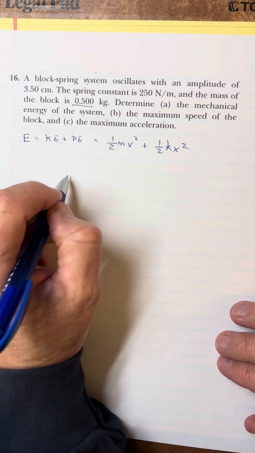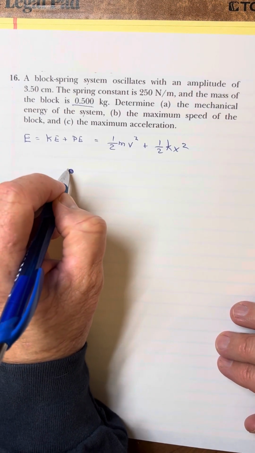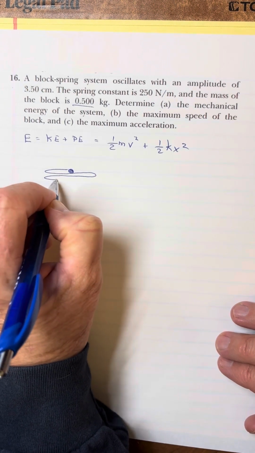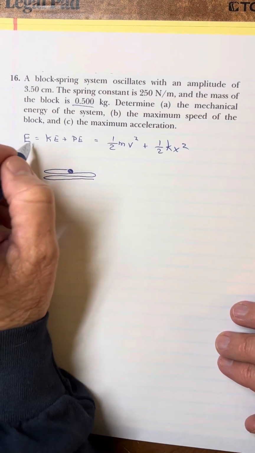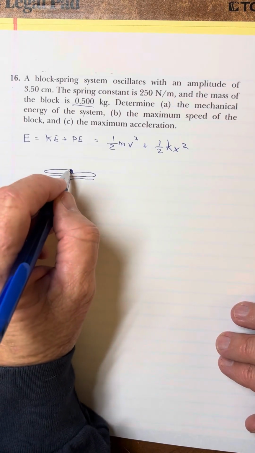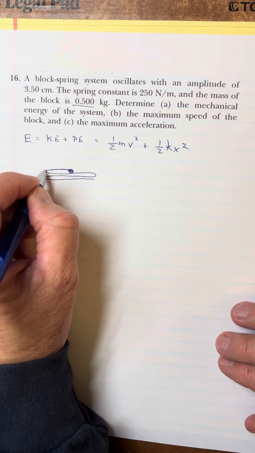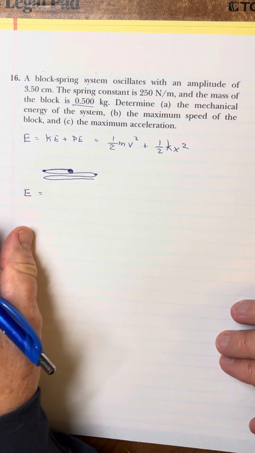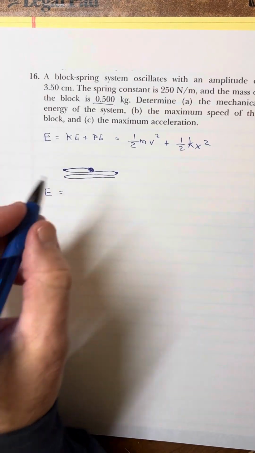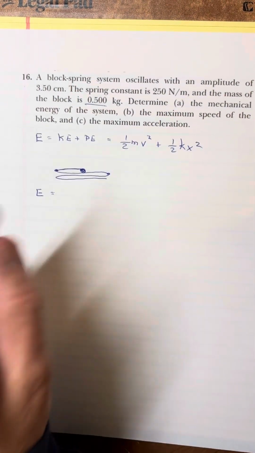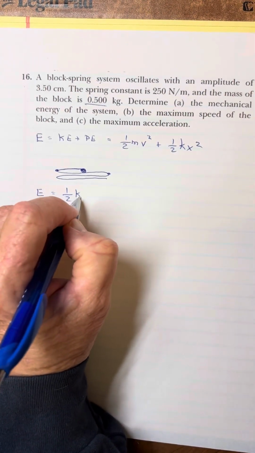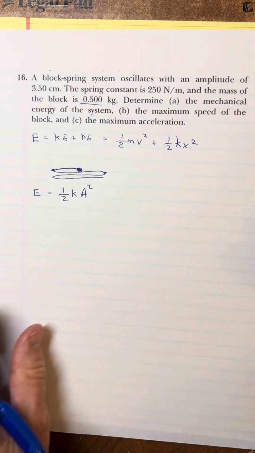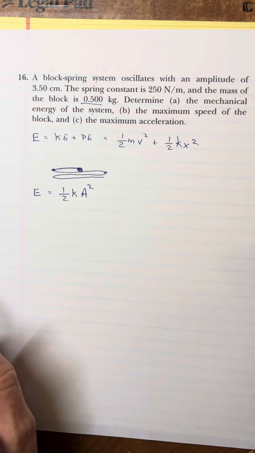If something starts here and oscillates back and forth, and you apply this equation when it is at one of the extremes, then you would have no velocity and your position would be the amplitude.